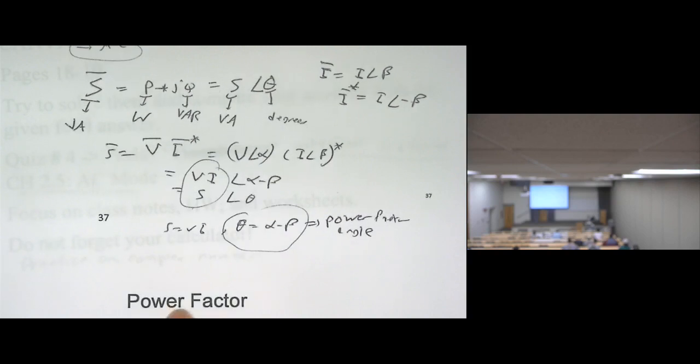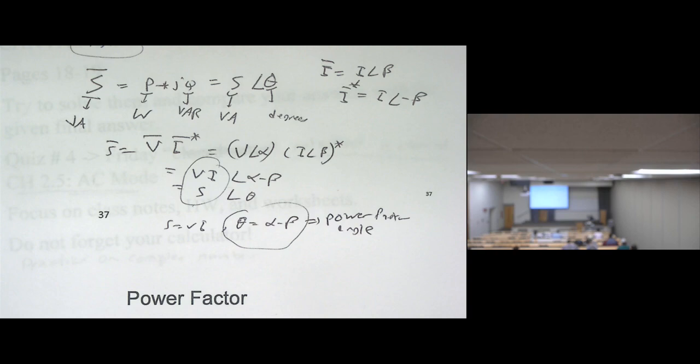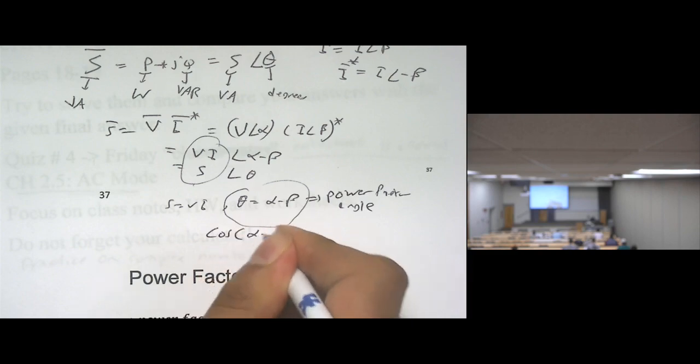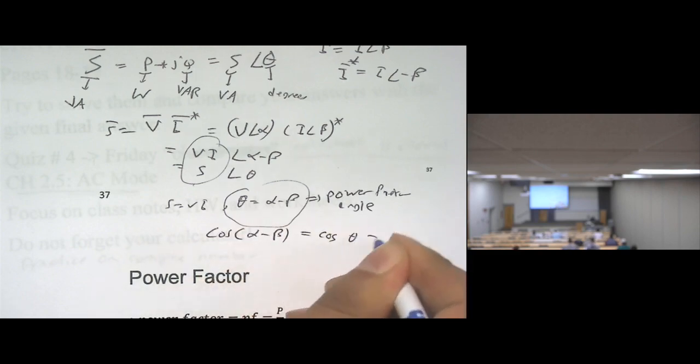There is a definition that's very useful in applications, which is called power factor, which is related to the angle. We said theta is the power factor angle. So the power factor is cosine of theta, or cosine of alpha minus beta. This is called power factor.